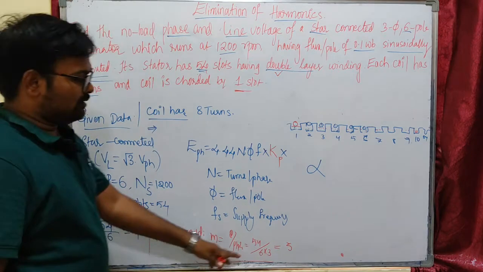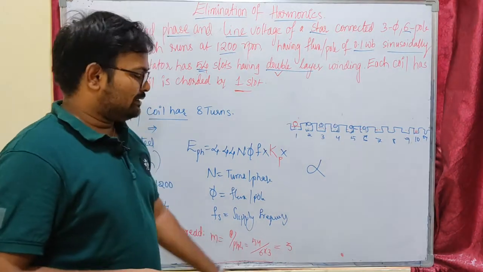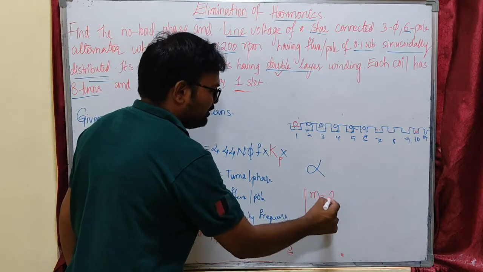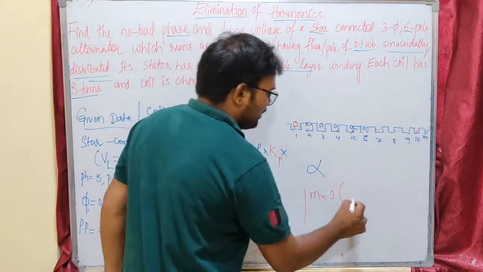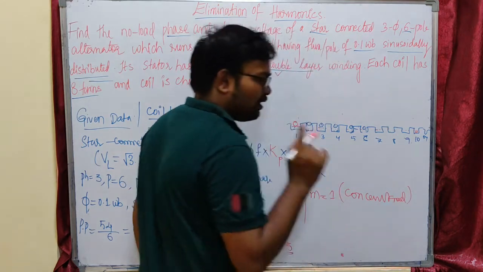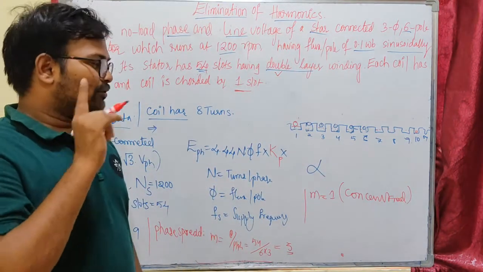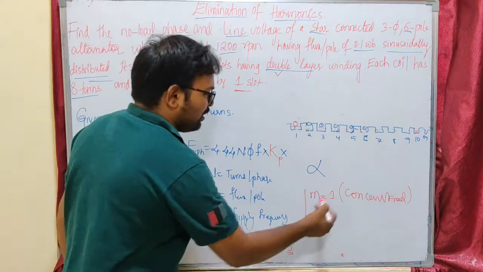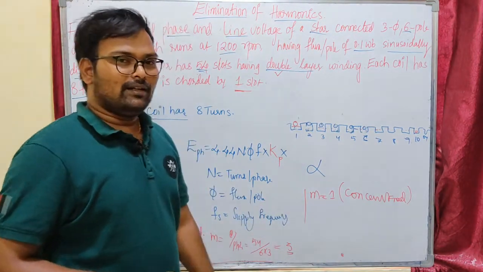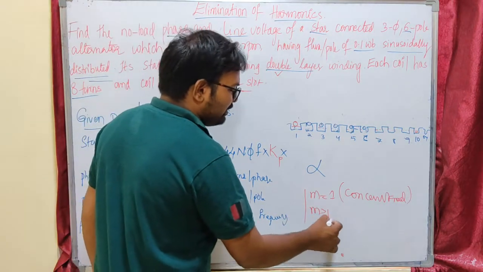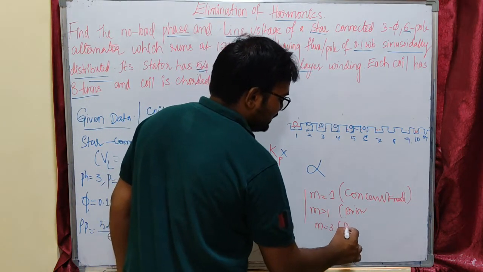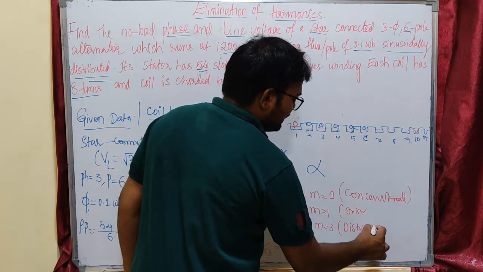If the m value is 1, the winding is concentrated, meaning the number of coils belonging to one phase is placed in one slot under one pole. But if it is more than 1, we say it is distributed winding. Here m is 3, so we can confirm the winding is distributed.